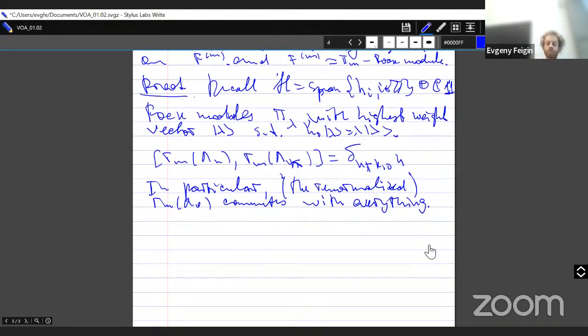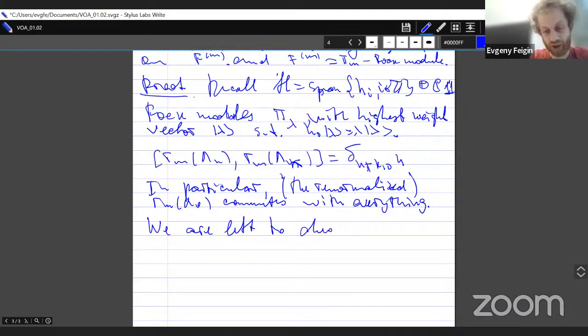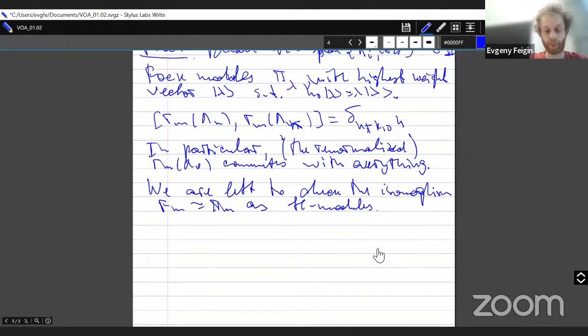So this is the conclusion, and we are left to check the isomorphism for M as H modules.